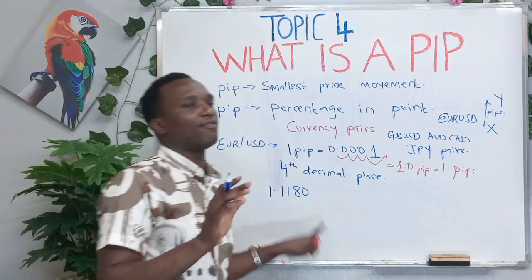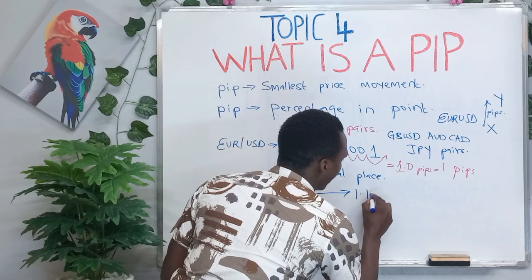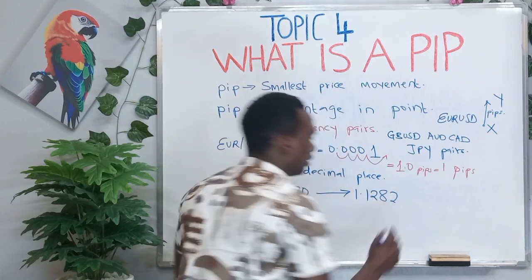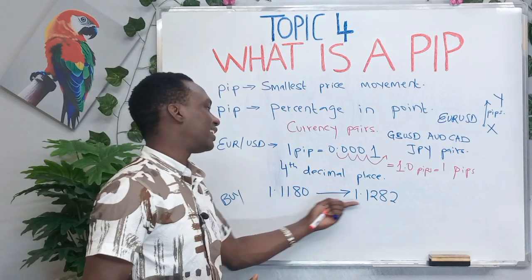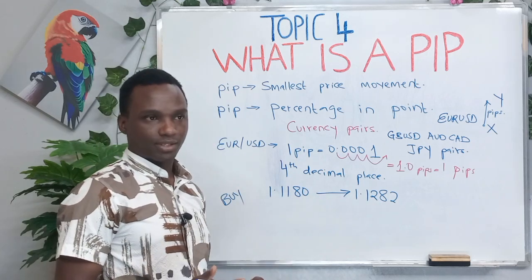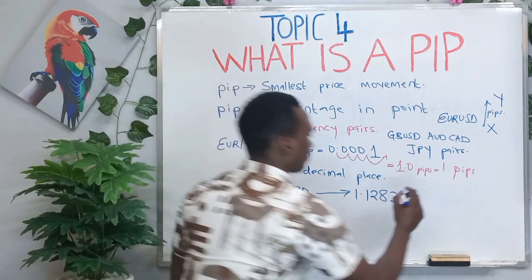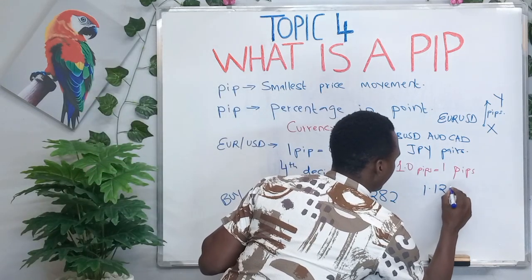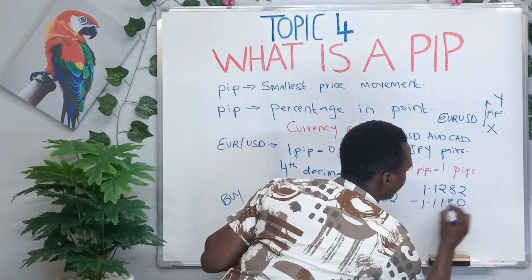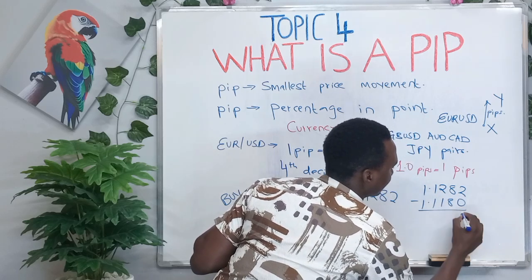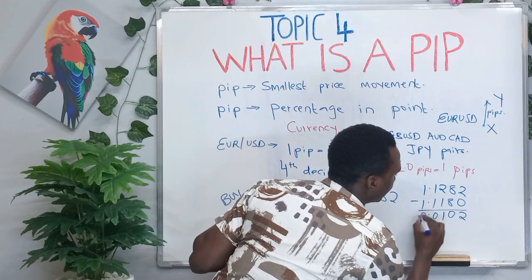It appreciates in value to 1.1282, maybe. All right? So we want to first calculate the change in pips. And this one is expressed by 1.1282 minus 1.1180. If you subtract, this is 0.0102.